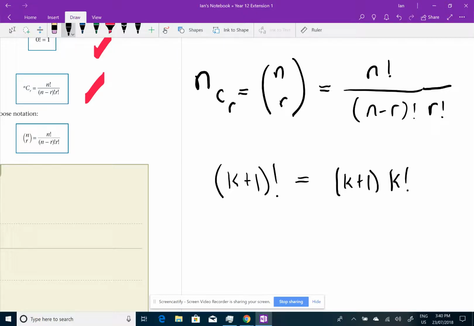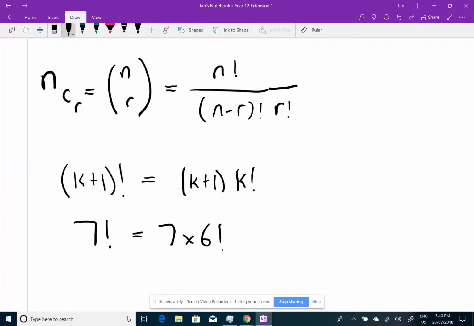You can rewrite it that way. And if that confuses you, think about 7 factorial. Well, that's the same as 7 times 6 factorial. And the same way, you can write k factorial as k times (k minus 1) factorial. It's the same thing. And I'm going to be using this to help me deal with some of the questions that we do in exercise 10.1.